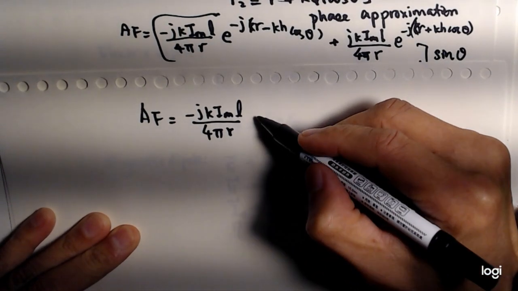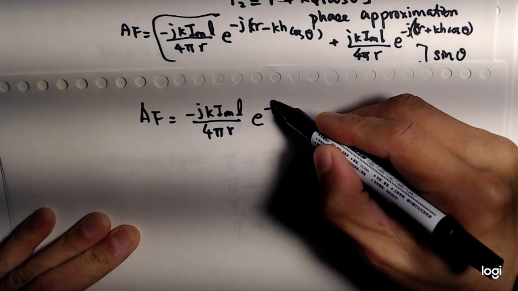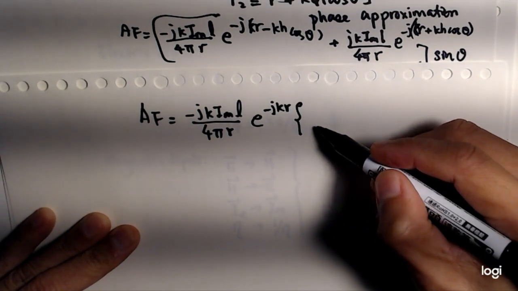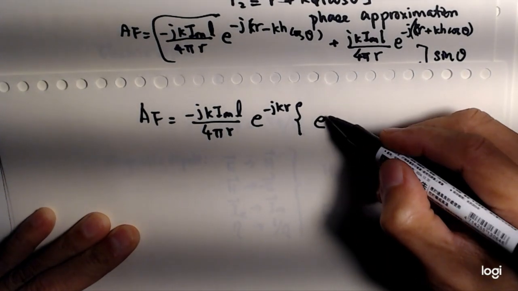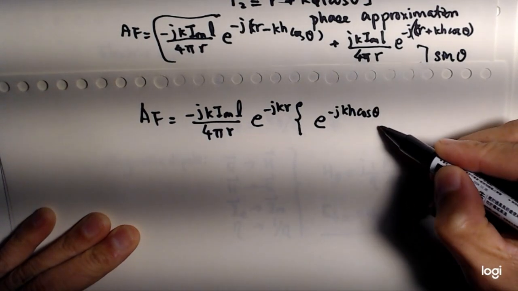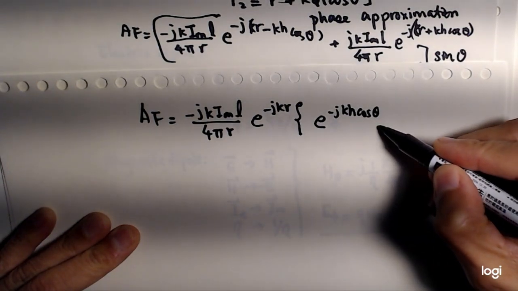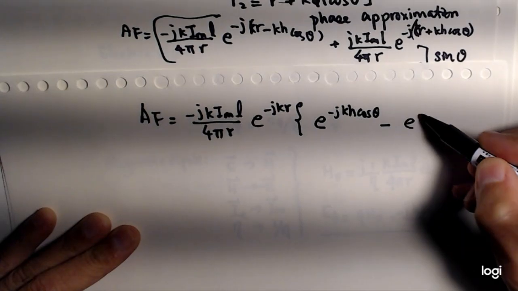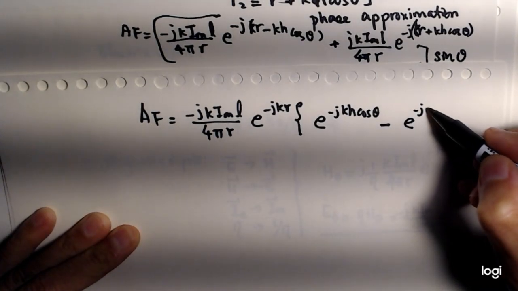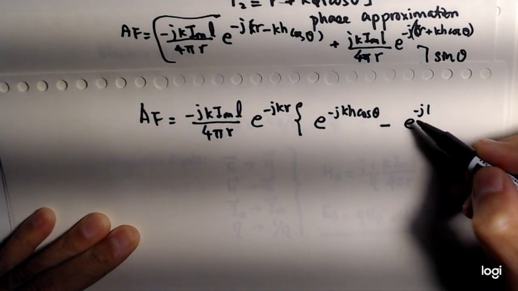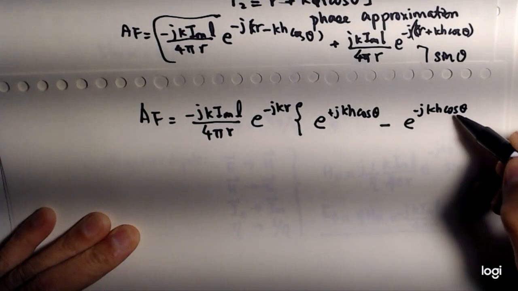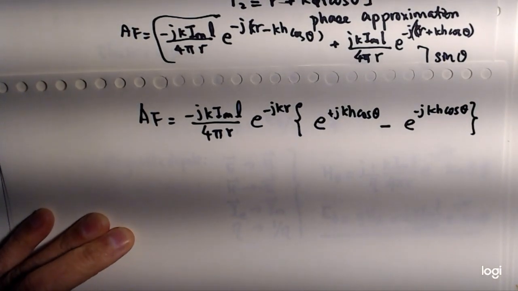So it is minus jkr, and then this is what we can get.